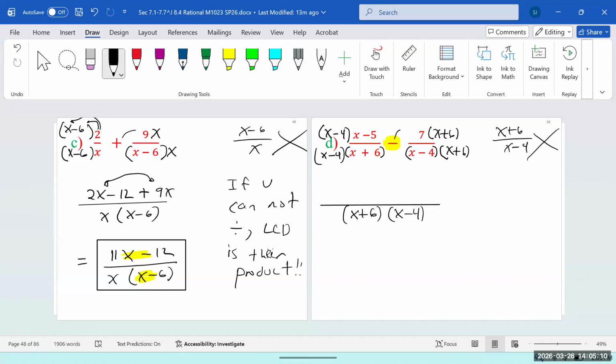And since you're subtracting, don't forget to change the sign. Anytime you subtract more than one thing, you have to change all the signs. So you distribute here x minus 4, x minus 5, and you're subtracting 7 times x plus 6. So let me do the changing sign in the next step.